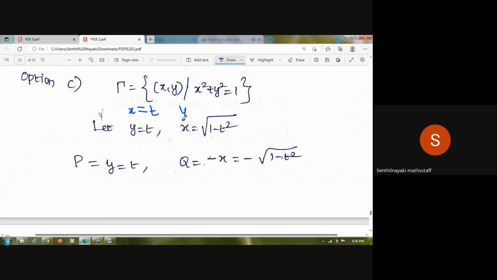So if we assume x equal to t, then what about y? Y equal to 1 minus t square. You can assume like this also.